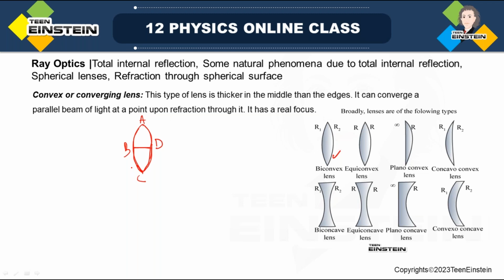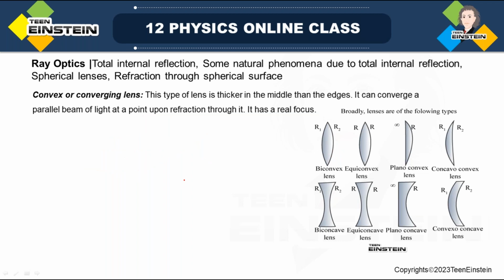In this case, when a parallel beam of light gets refracted, the rays converge at a particular point on the principal axis. That's why convex lenses are also called converging lenses. The lenses which converge the light can be another definition of a convex lens.